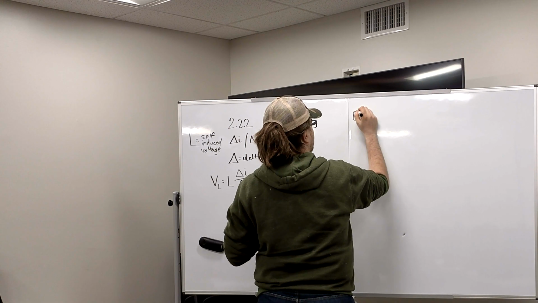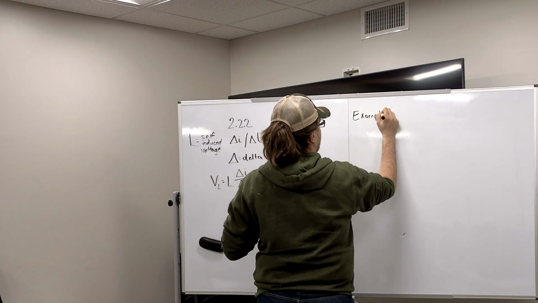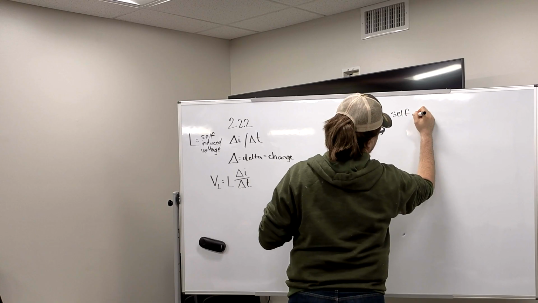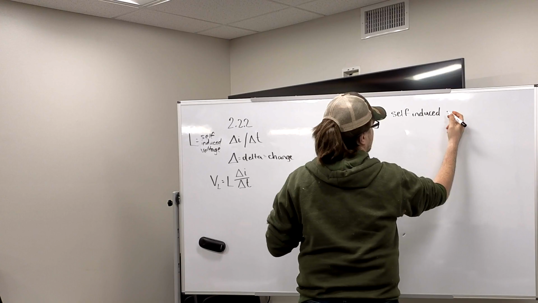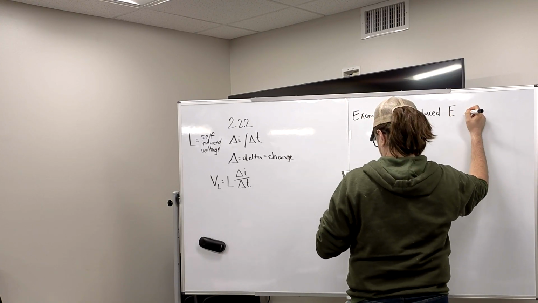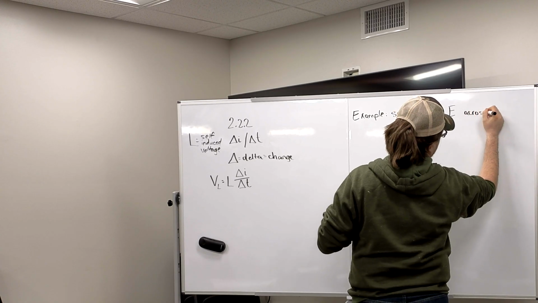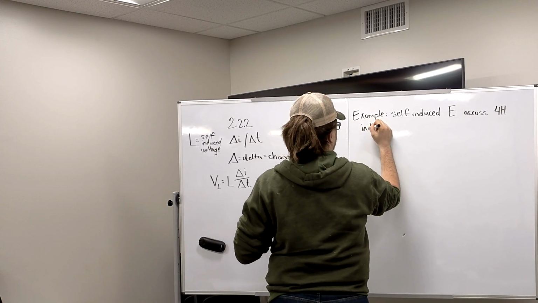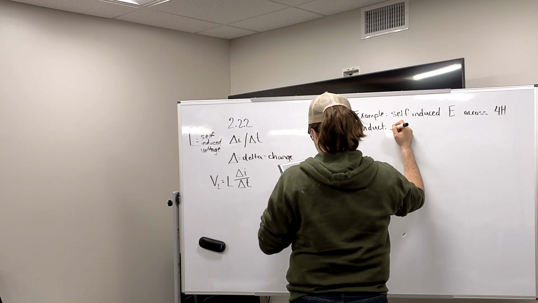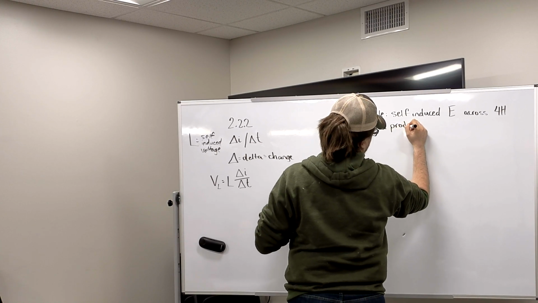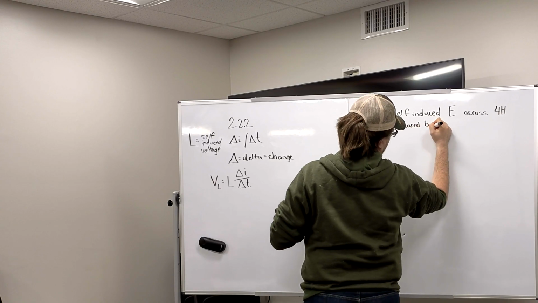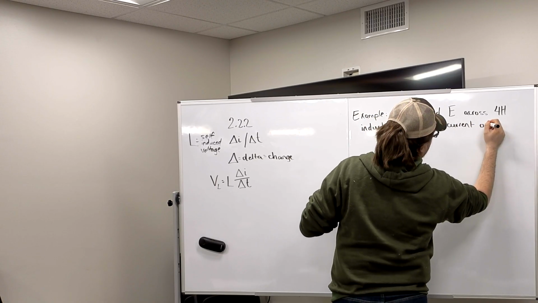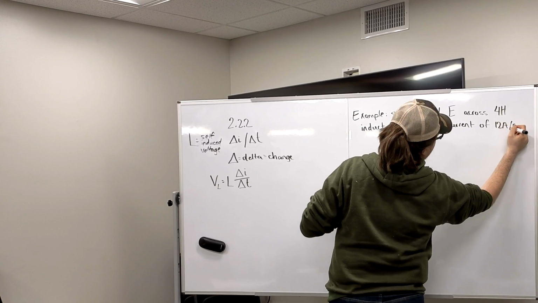So, examples. We have self-induced voltage across a 4 henry inductance produced by a current change of 12 amps per second.